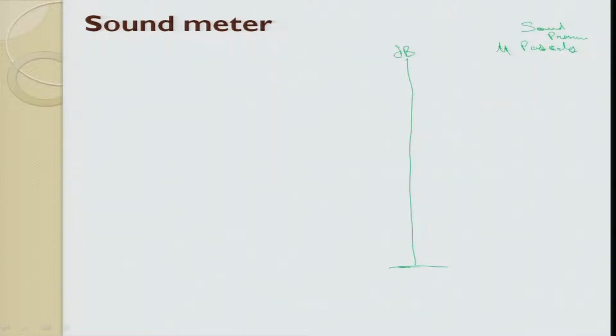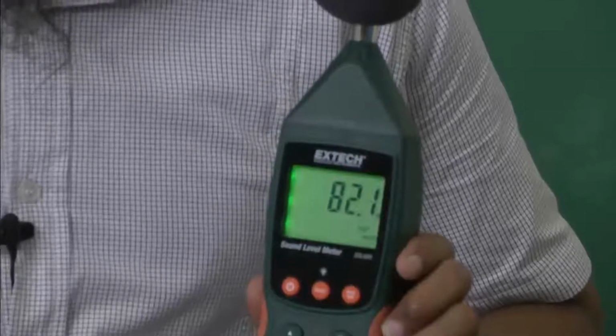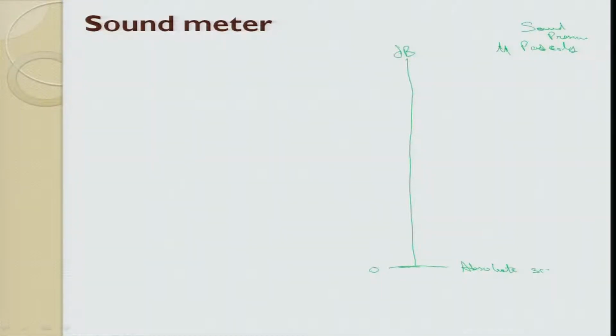So, 0 decibel is absolute silence. Even if you enter these silent rooms, you will find at least 15 decibels of sound over there as well. This is my observation. So, if you say a very quiet room or quiet room, then it is about, I would say, 25 decibels, right?